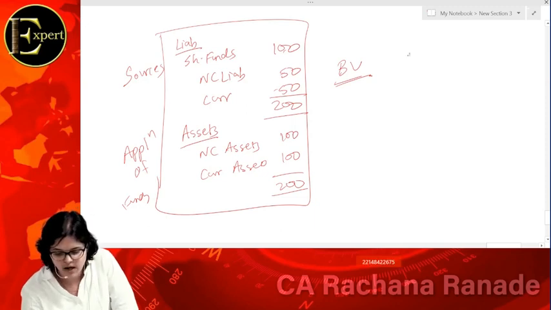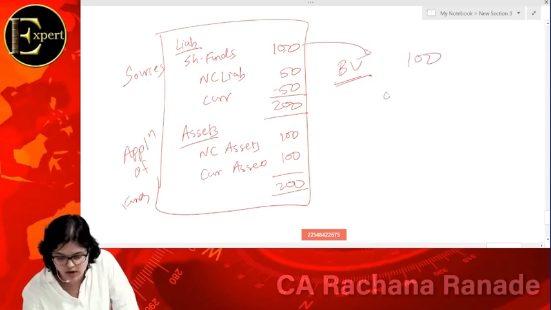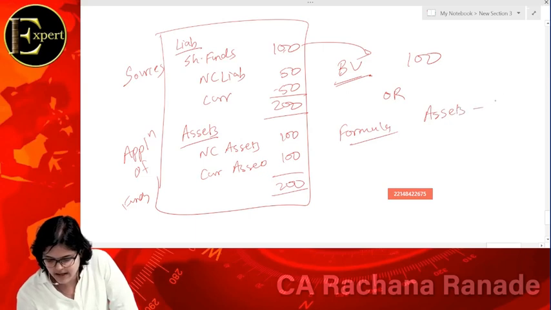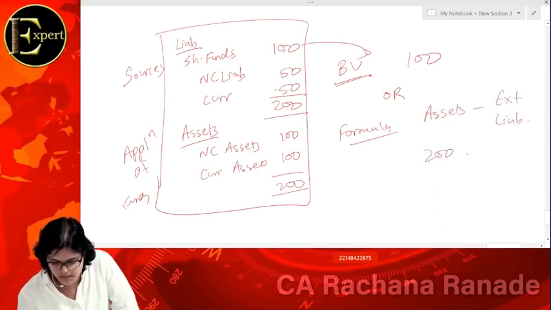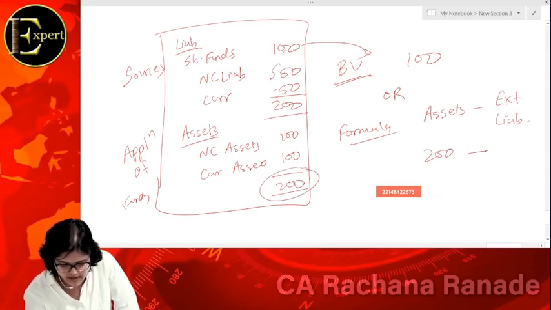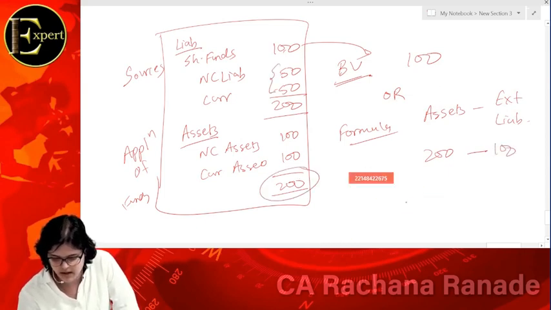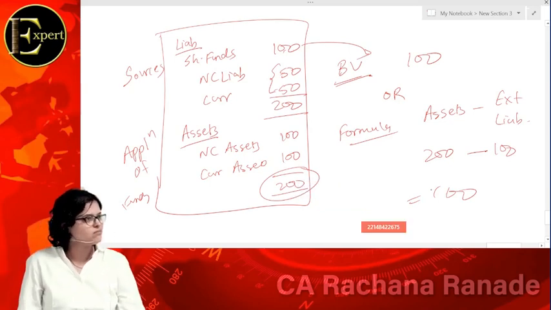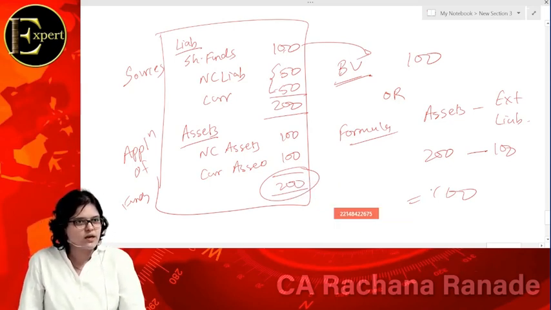Quick, book value is 100. Either you take this directly, the shareholders fund value, or what is the formula? Assets minus external liabilities. So 200 minus 100 will come to 100. Book value. Very clear. Okay.